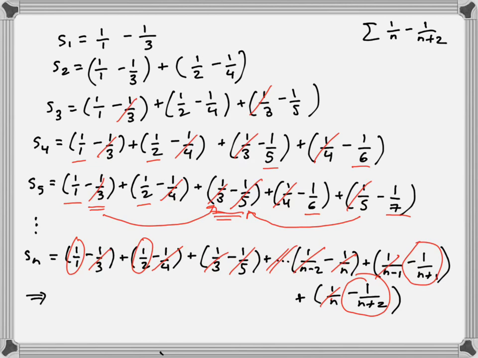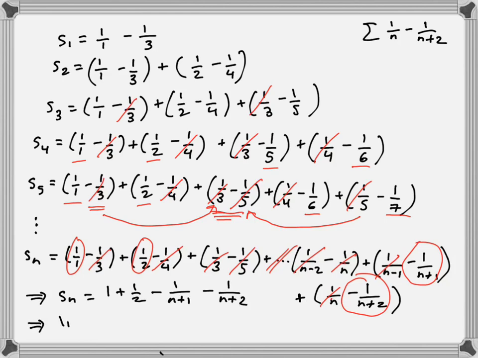So what we have shown is that this giant thing, like a telescope, we can actually shrink down to the following. 1 plus 1/2 minus 1 over n plus 1 minus 1 over n plus 2.